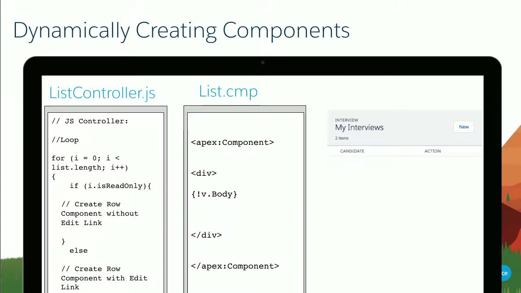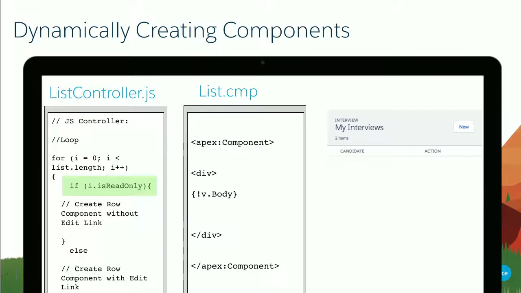So here's an example. If you look there on the right, let's say that we're creating a list view in this case, and our parent component is called list.cmp, which holds just the header and the column headers, the candidate and action. And let's suppose that we need to create child Lightning components inside that parent, which we would call list_row.cmp, for example. If we want to gain flexibility, and if we want to set different attributes on those children whenever we're creating them, we can apply this technique whenever we're iterating, for example, on the list of records that comes back from the server.